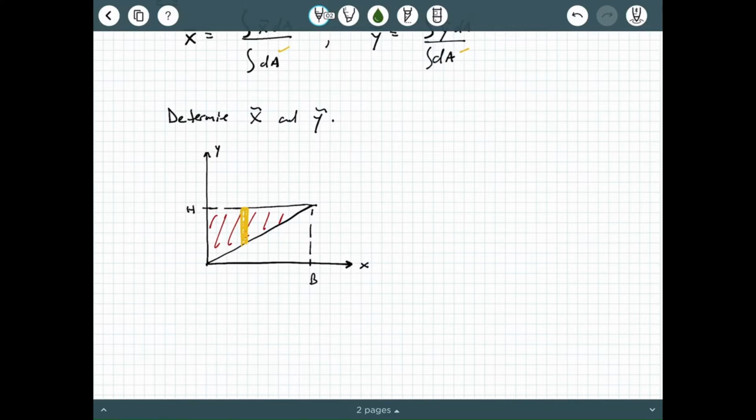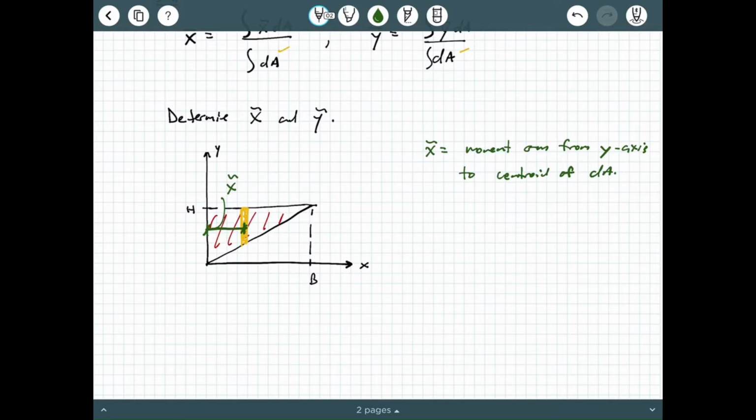Where on this is my x tilde going to be? Remember, x tilde is the moment arm from the y axis to the centroid of dA. So my x tilde is right here. Very similar to what we've seen before.